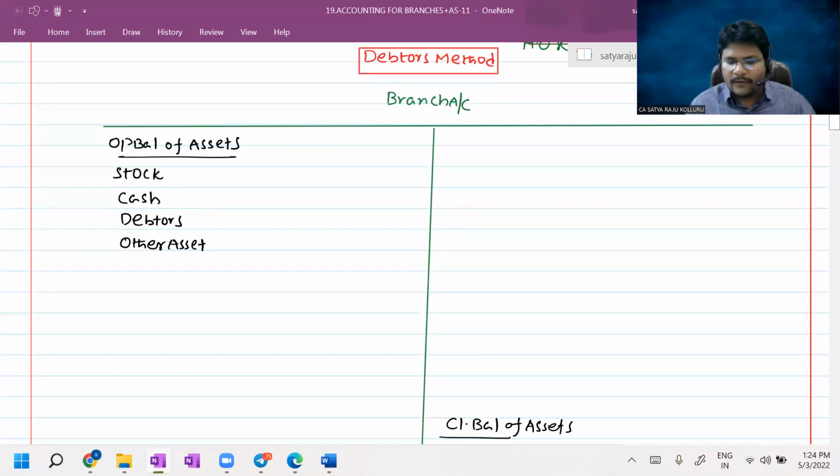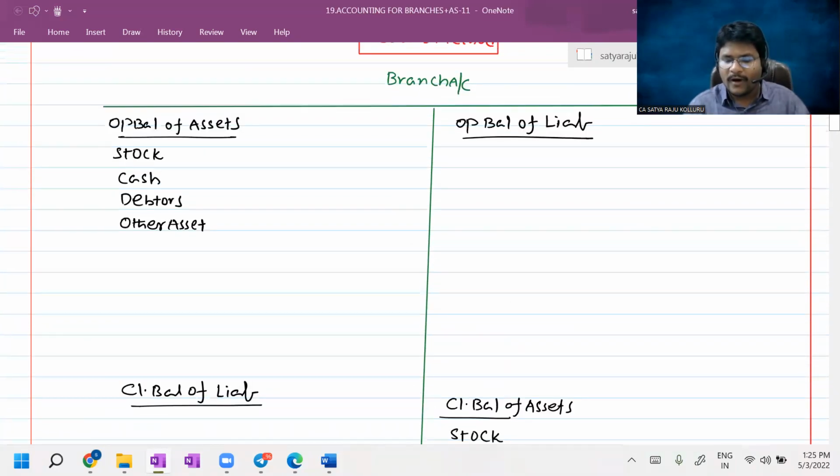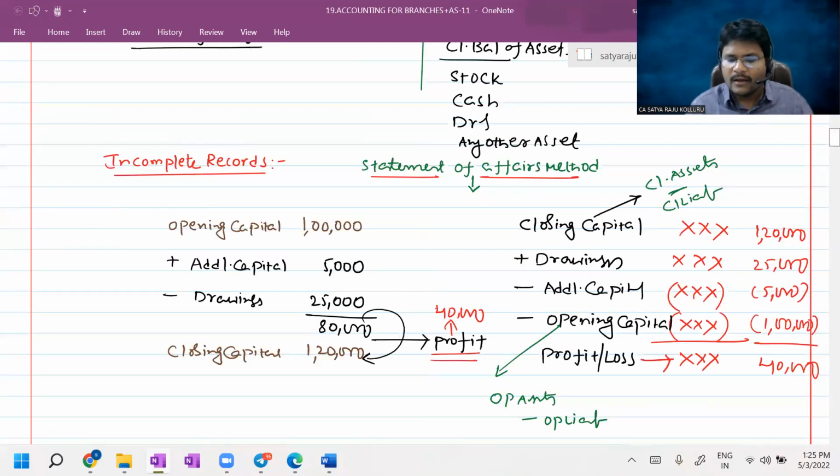Now, please consider, all of you. Just as we have opening balance of assets, in the same way we have opening balance of liabilities as well. If anything is there, opening balance of liabilities, then we may record. In the same way, we have closing balance of liabilities. So first, please all of you listen to me. Then I'll connect how this pro forma works with the debtors method.